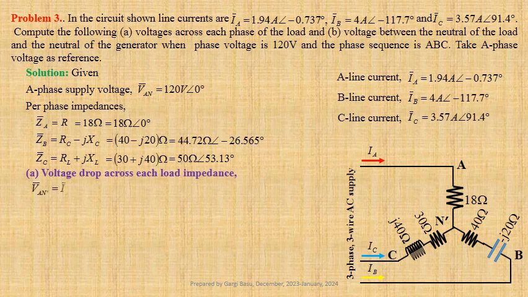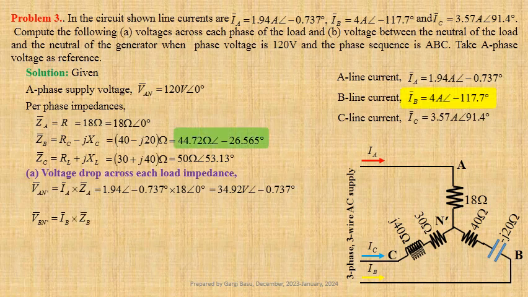VAN dash equals IA into ZA. Using values we get 1.94 at an angle minus 0.737 degree into 18 at an angle 0 degree, that gives us 34.92 volt at an angle minus 0.737 degree. VBN dash equals IB into ZB.